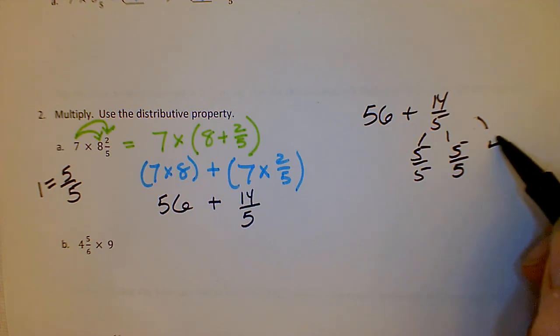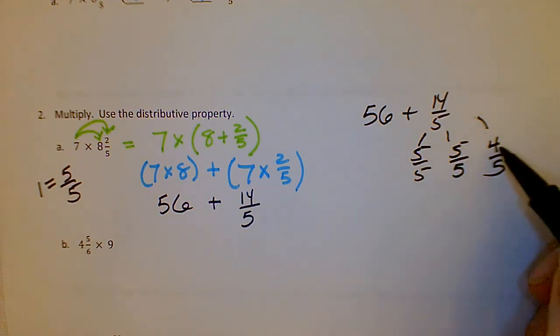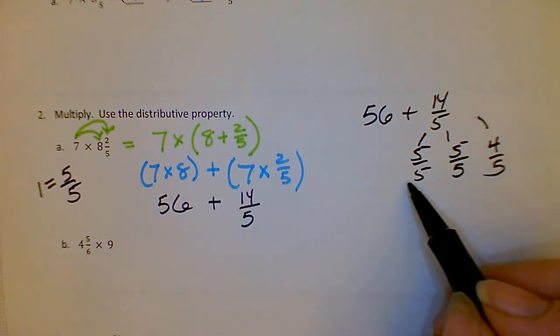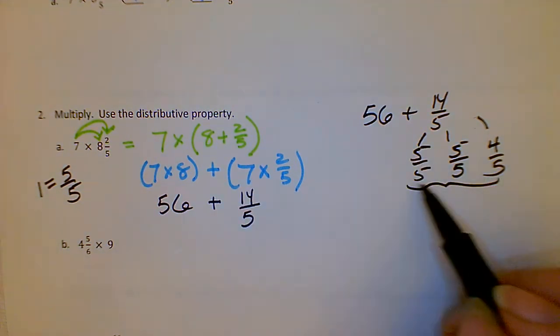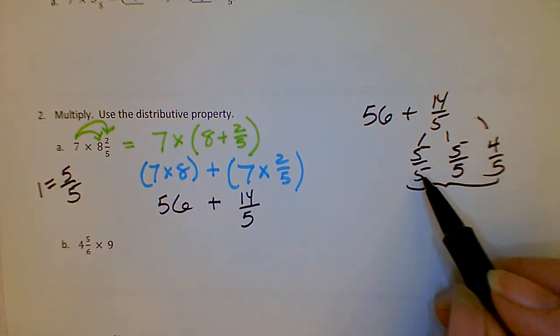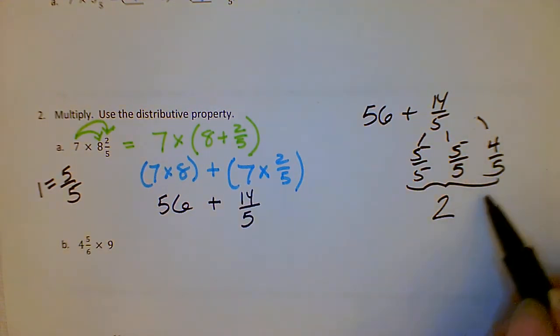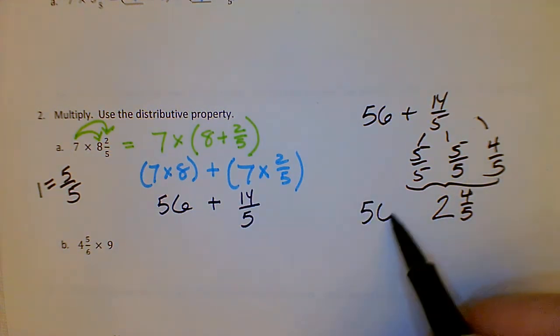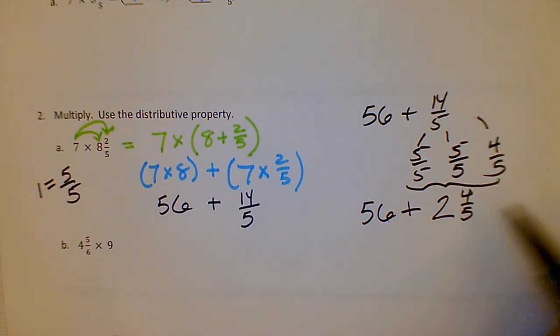So instead, if we put 4/5, we're going to have 5, 10, 14. And that is perfect. And then remember that this is equal to 1 whole. We know that over here, this is equal to 1 whole. So that's 1 and 1 is 2, and 4/5. And let's keep our 56. So 56 plus 2 is 58, and 4/5.